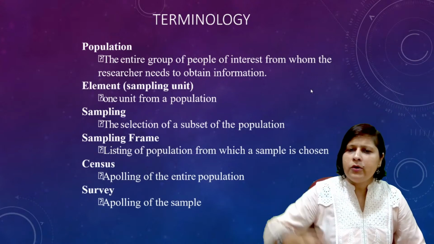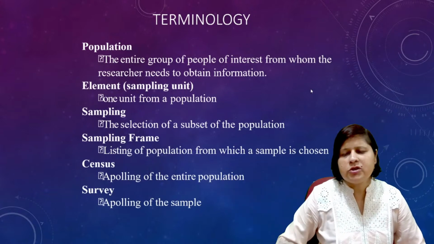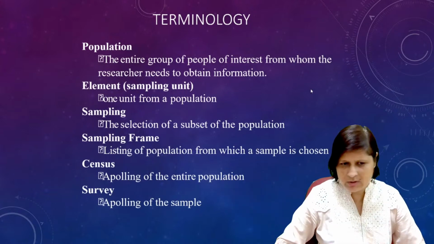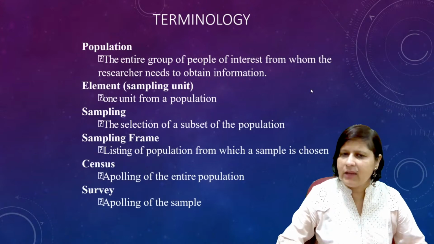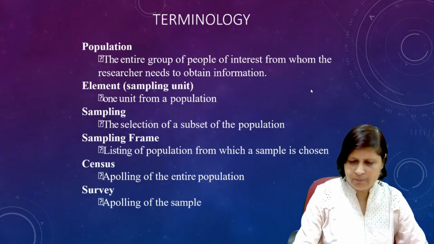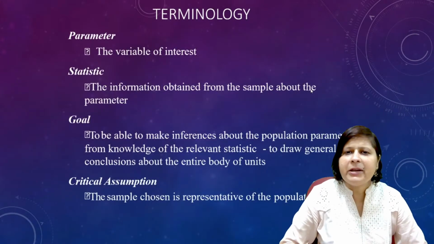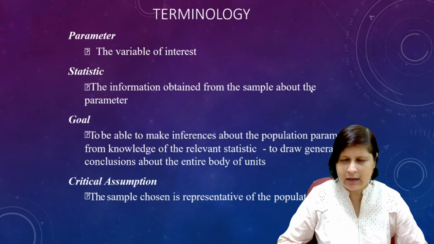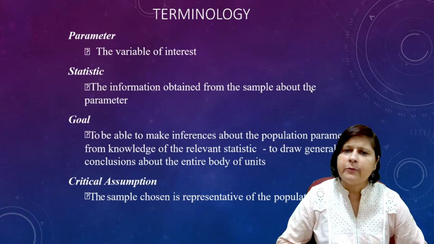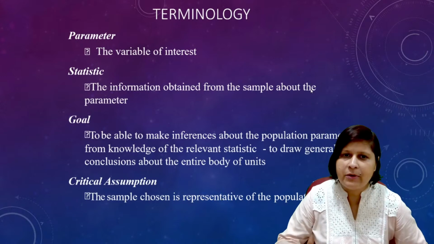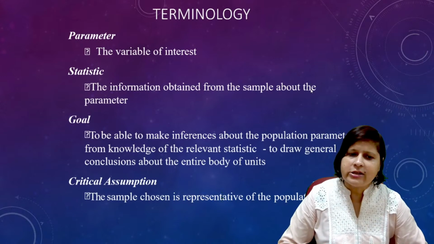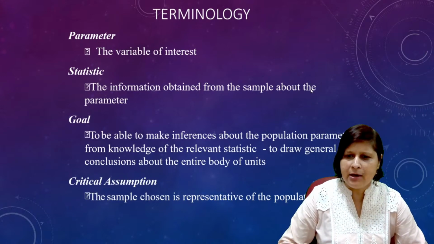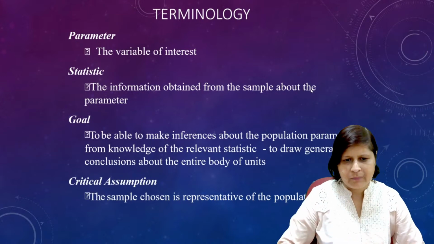You have to list the population from which you want to choose the sample. Census, the entire population. Survey of samples. Parameter, the variable of interest. In our example, the parameter is shopping habits. It could be the food habits. Statistics, the information obtained from the sample about the parameter.